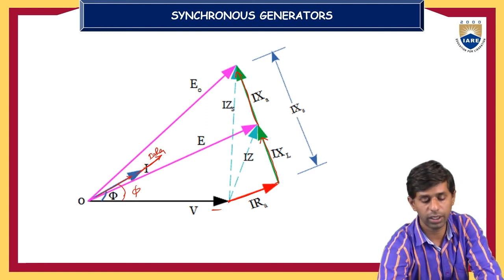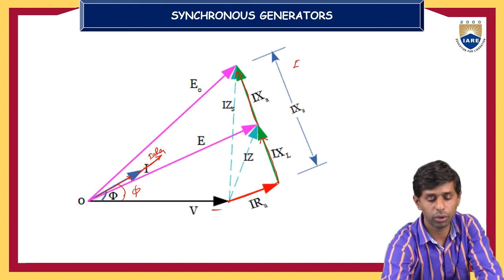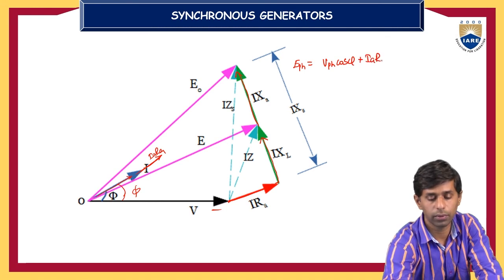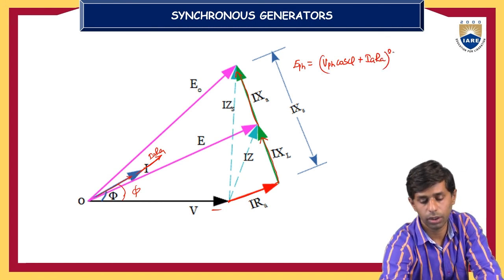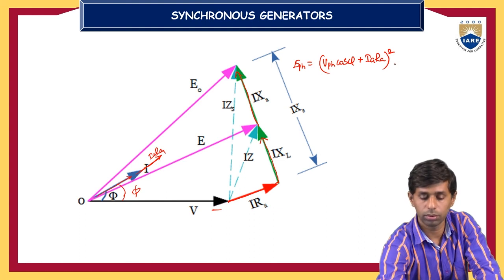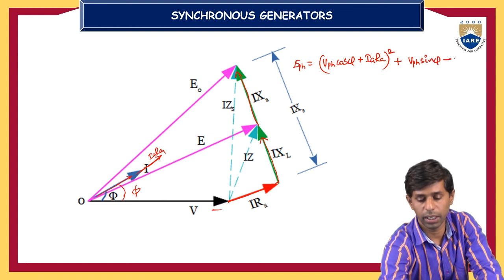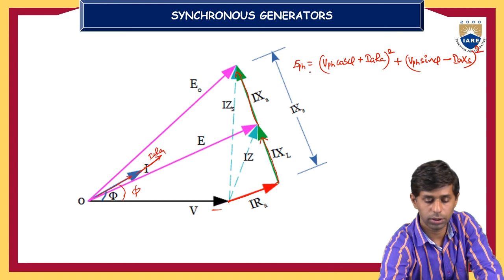In a similar way as before for lagging power factor loading condition, E phase can be calculated, that is square root of V phase cos phi plus IARA, whole square, plus V phase sin phi minus IAXS, whole square.